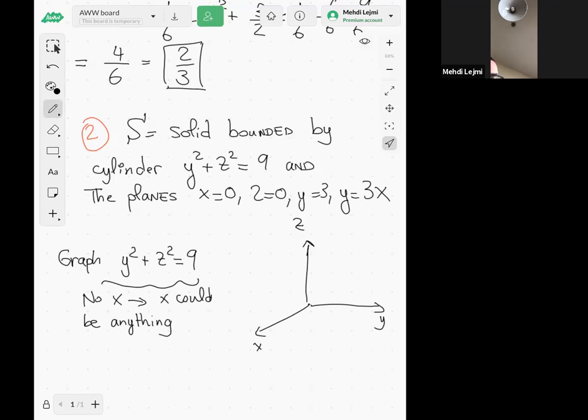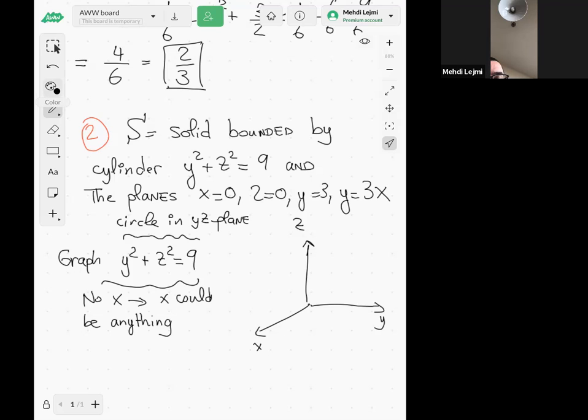So we have Y squared plus Z squared equals 9, which looks like a circle. It's a circle of radius 3 in the YZ plane. When I say YZ plane, that's the plane which contains the Y and the Z axis.